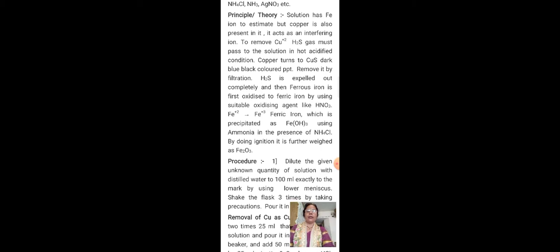By ignition, it is further weighed as Fe2O3. Thus, Fe is a third group B radical and copper is a second group radical, and we don't want copper because we only require the iron. To remove copper, H2S gas must be passed in the presence of HCl. So this is the theory or principle behind it.